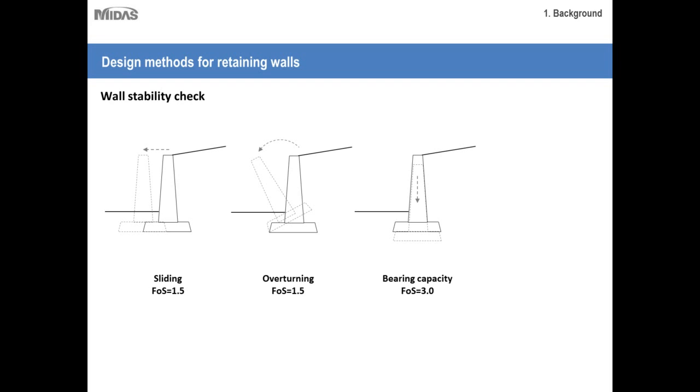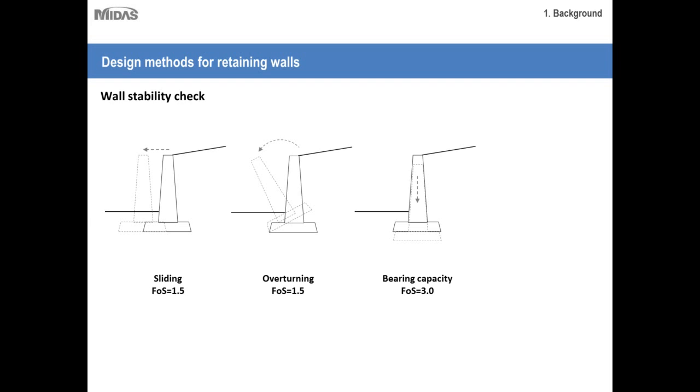Then we have a bearing capacity check. Now if you are dealing with soil strata where there are excessive volume changes, or it can consolidate further, or there is not proper access to drainage, then at those locations you can expect some kind of settlement occurring under the foundation of the wall.